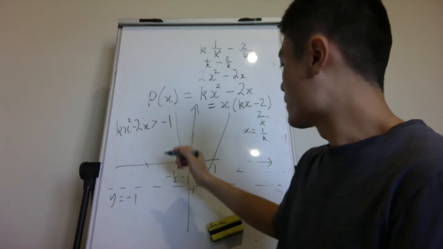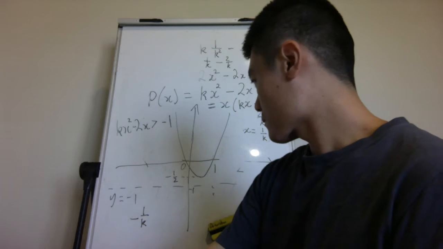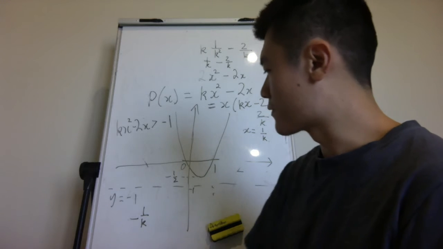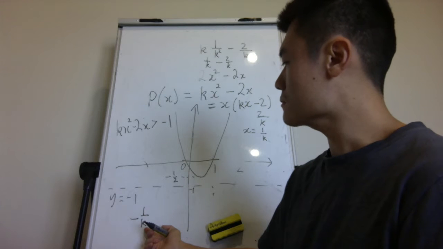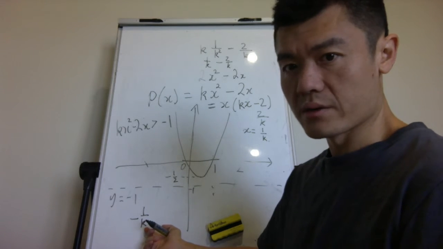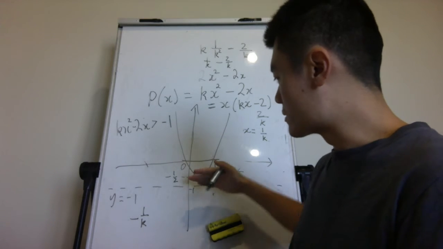And then minus 1 over k, well, you can see that if k was equal to 1, it would be equal to minus 1. Alright? But if k was anything bigger than 1, it would be minus of something less than 1, so it would be bigger.